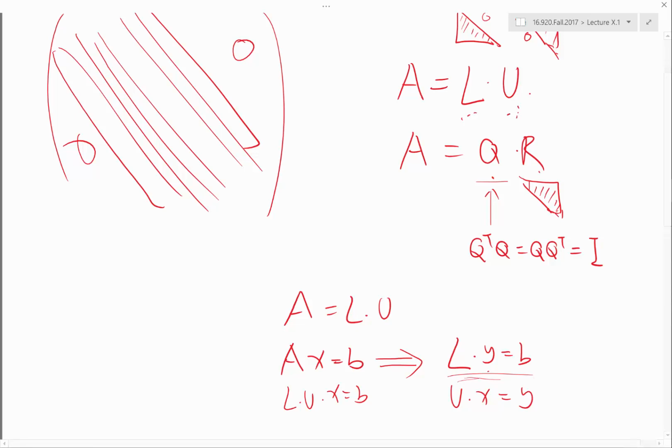L, for example, is lower diagonal. How do you invert it? Just think of the first row. The first row is just a single element of the matrix times the first element in the vector x equal to the first element of b. It's a scalar equation, right? The first row is just too easy to solve.